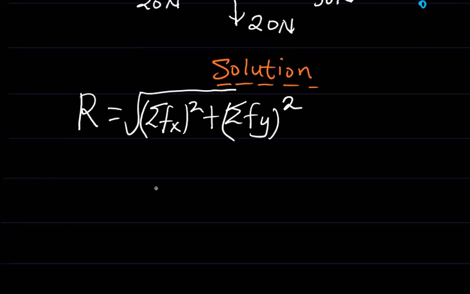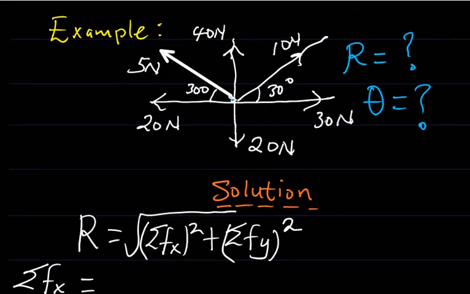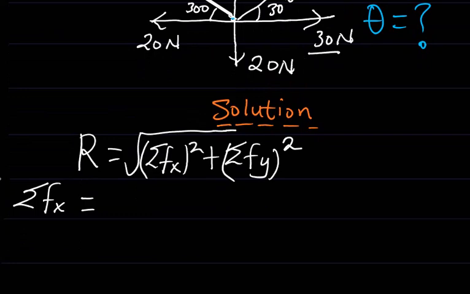Let's take it one after the other. Let's start with the sum of the horizontal forces. Now 30 Newton is positive horizontally. That's going to be 30, then minus 20 Newton.